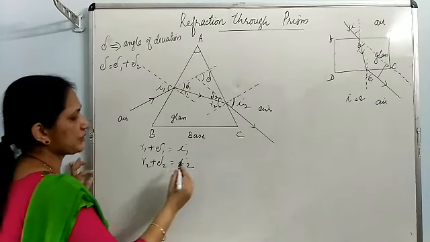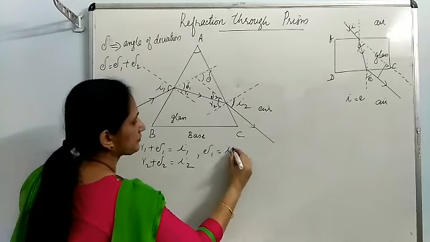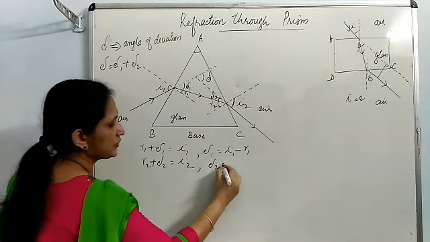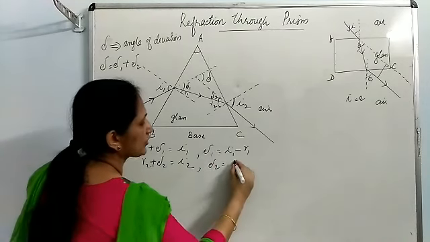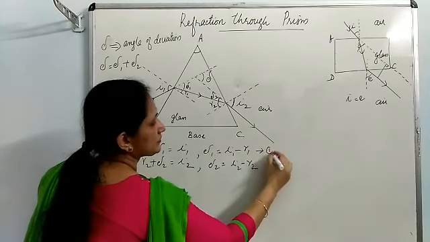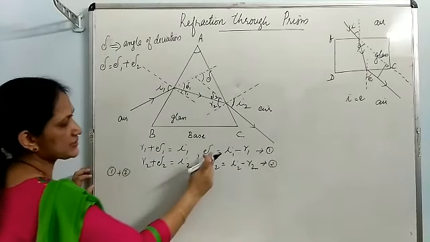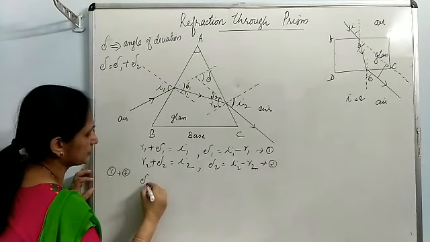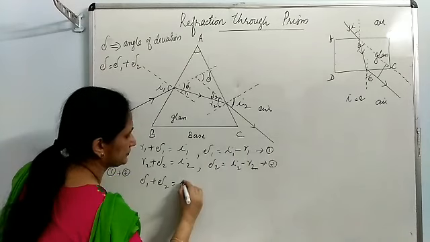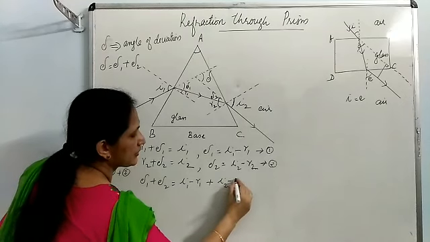Then from the first equation you can write delta 1 is equal to I1 minus R1. From the second equation you will get delta 2 is equal to I2 minus R2. Then let me add these two equations 1 and 2. When you add 1 and 2, you will get delta 1 plus delta 2 is equal to I1 minus R1 plus I2 minus R2.